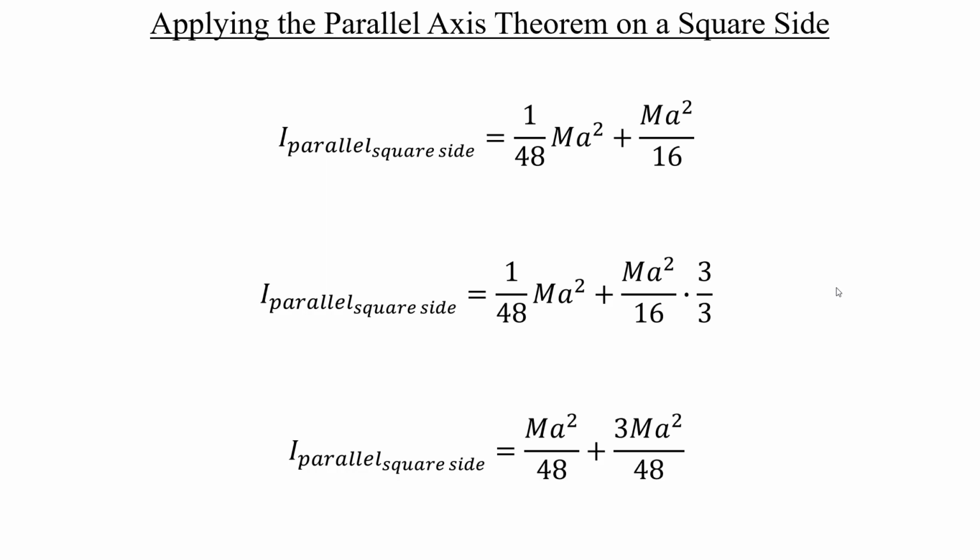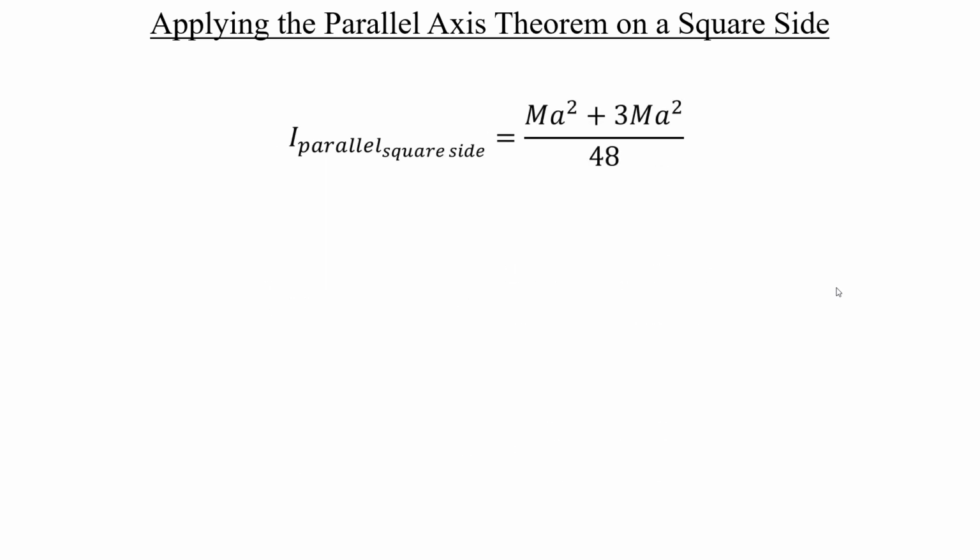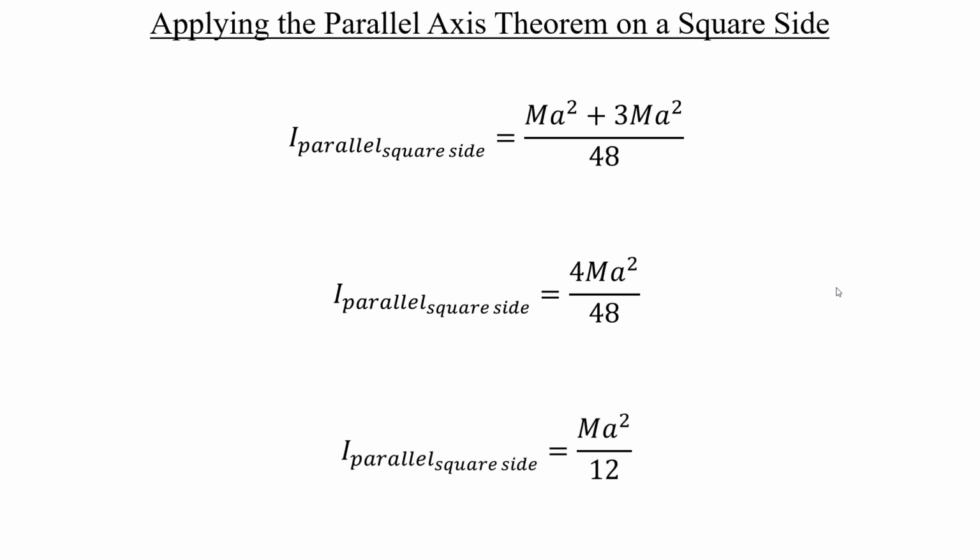And when we do that, we end up with 1 quantity of ma squared plus 3 of the same quantity in the numerator, resulting in 4 of that quantity upstairs. And we can also simplify the fraction of 4 over 48 down to 1 over 12. And so now we are done with one side.